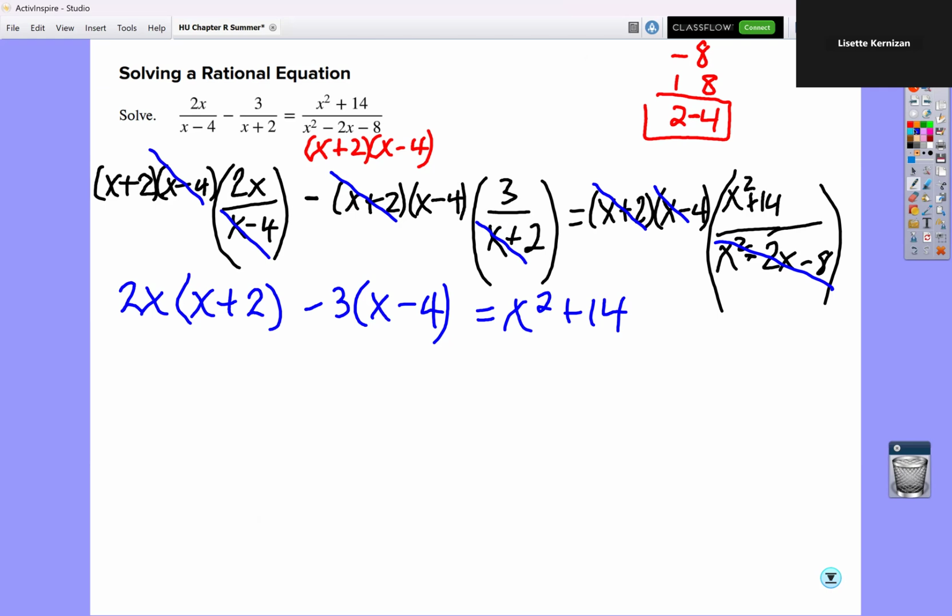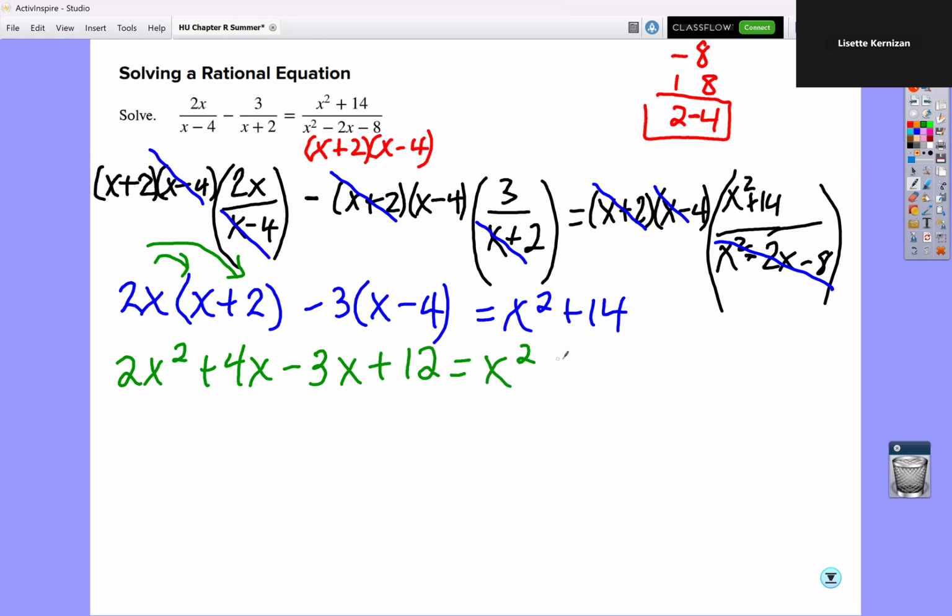So we're going to distribute: 2x squared plus 4x minus 3x plus 12 equals x squared plus 14. I'm going to first combine like terms, so I can combine these two: 2x squared plus x plus 12 equals x squared plus 14.